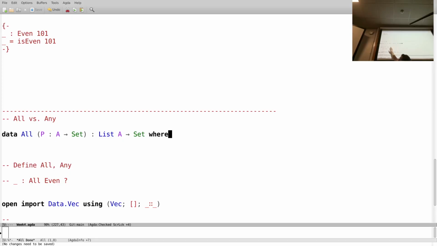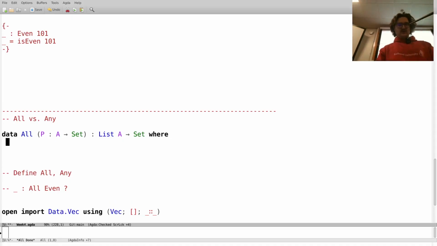So it's going to lift that original predicate to all of the values in a list. And this is a very generic pattern. You can write the same thing that will lift a predicate on values to all of the values stored in a tree, to all of the values stored in a graph, whatever you want, all of your existing data structures.